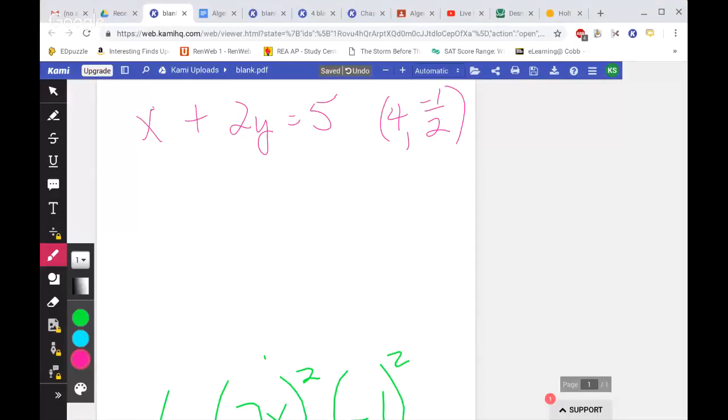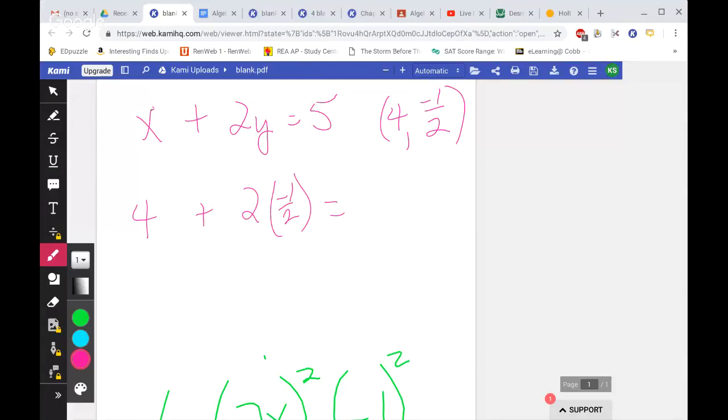What it's asking us is to tell whether (4, -1/2) is a solution to the problem. This is an ordered pair, so we plug it in: the 4 goes in for the x, and the -1/2 goes in for the y.